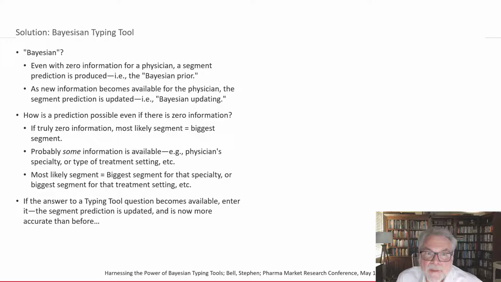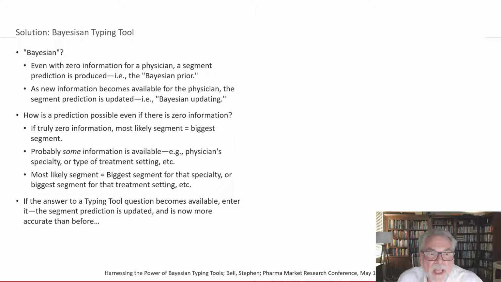You start with nothing. Your best guess is the biggest segment, but if you even know just the specialty, you know that in a specific specialty, the odds of it being one segment or another, based on the relative sizes of the segments, are a little different. So you've updated your prediction.